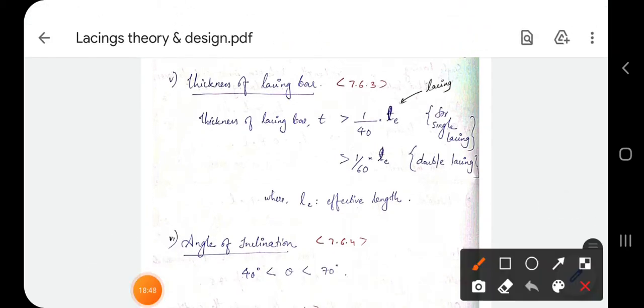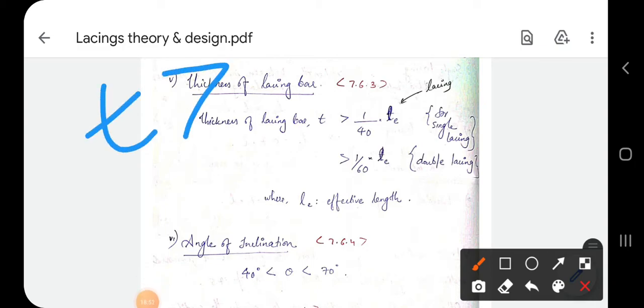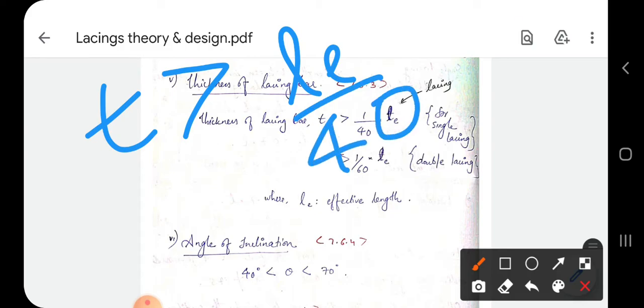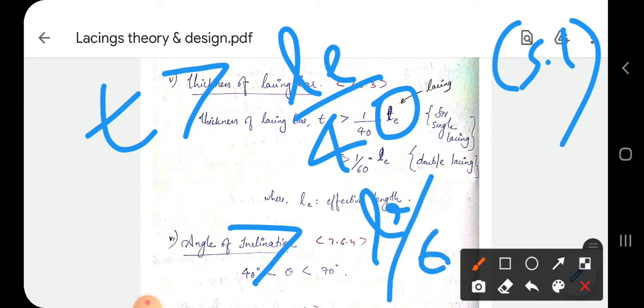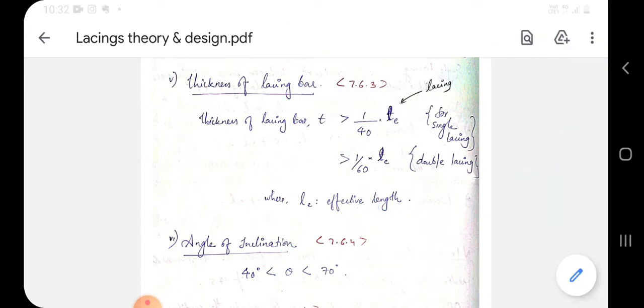And then the thickness of the lacing bar: thickness should be greater than Le by 40, effective length by 40, for a single lacing system, and it should be greater than effective length by 60 for a double lacing system.